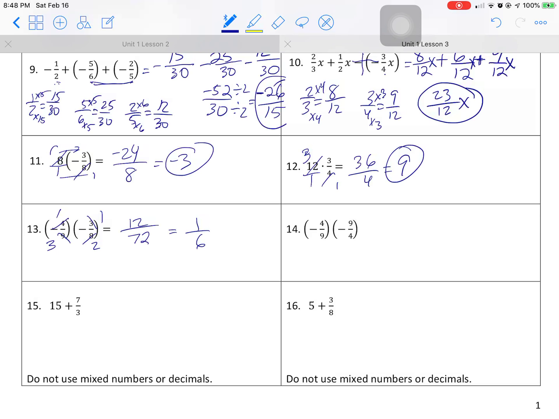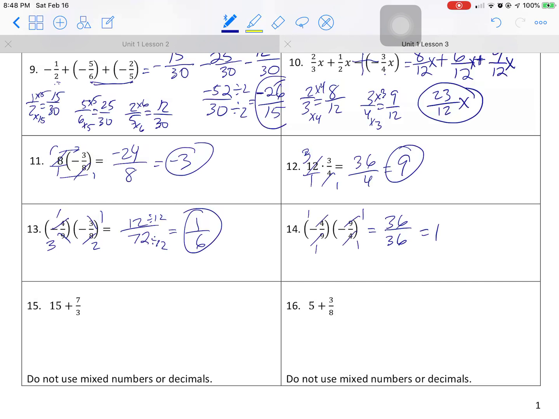Double check: 72 divided by 12 is 6. So we're good. This one's kind of strange. Negative times negative is a positive. This is 36 over 36, which is 1, but that would have been kind of obvious.